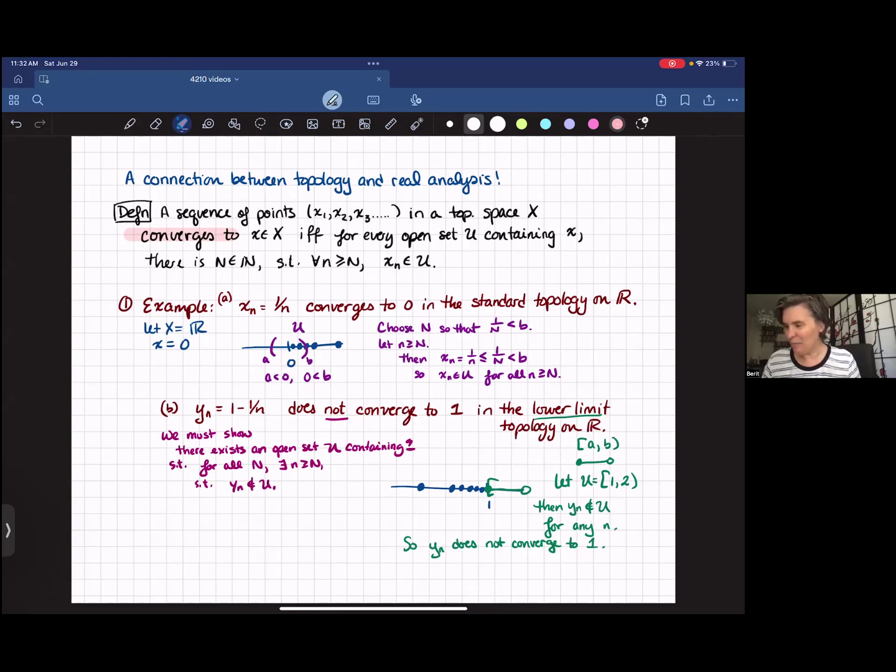In this example, here's a sequence that seems like it should converge to 1. Our intuition says it could. But because this topology is different, we really have to use the definition, and when we use it carefully, we see that it does not converge to 1. In fact, I claim this sequence doesn't converge to anything in this topology, which is strange. That's one of the fun things about topology: different topologies can give you very counterintuitive statements. All right. Thank you.